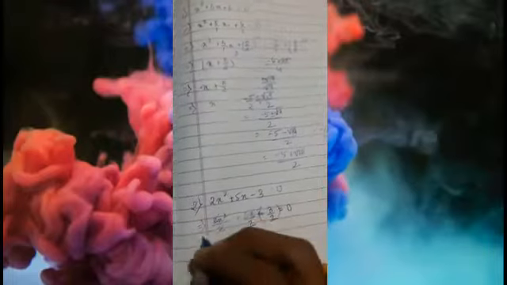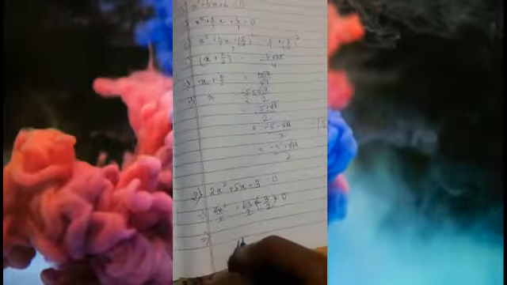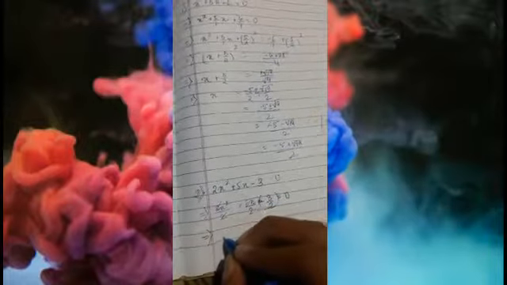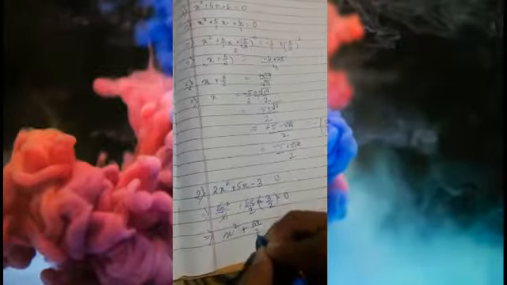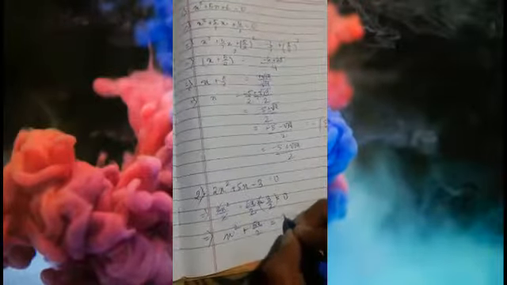Here minus 3 by 2 means plus of minus 3 by 2. So then the next step will be x square plus 5x by 2 equals 3 by 2.